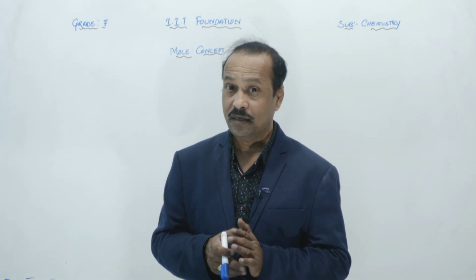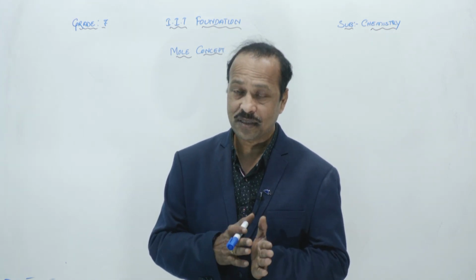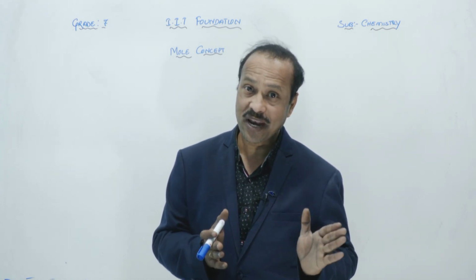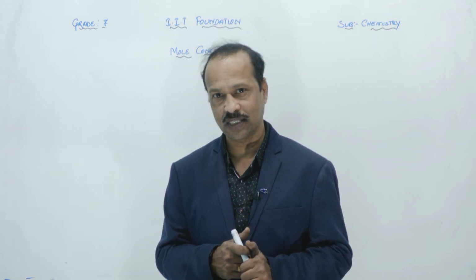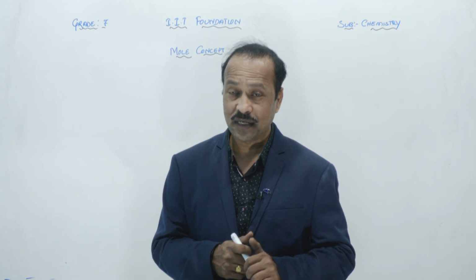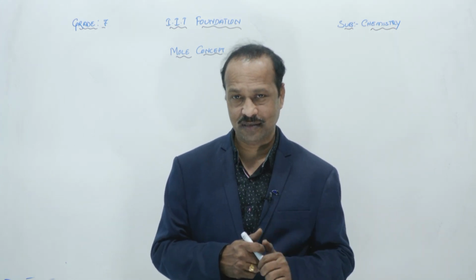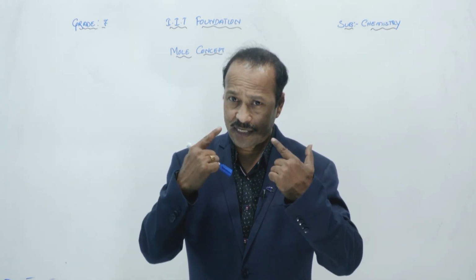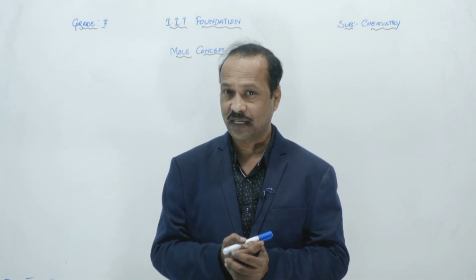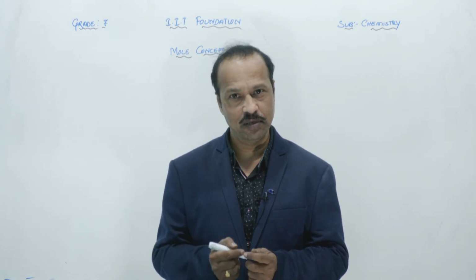The size of atoms and molecules is measured in nanometers. This also we discussed. Nano means 10 to the power of minus 9 meters. Our eye can see clearly up to 10 to the power of minus 3, that is millimeters.